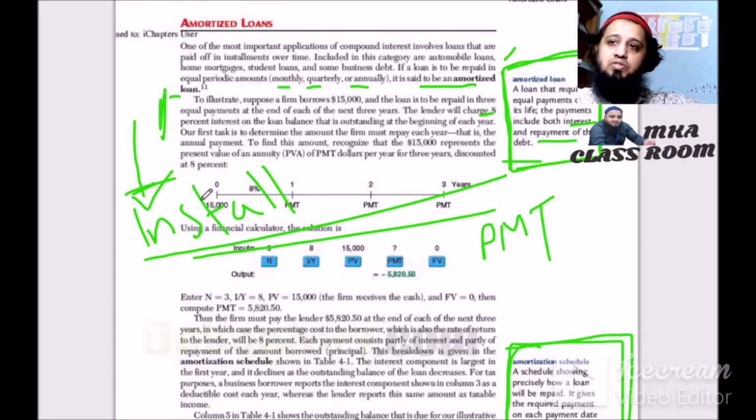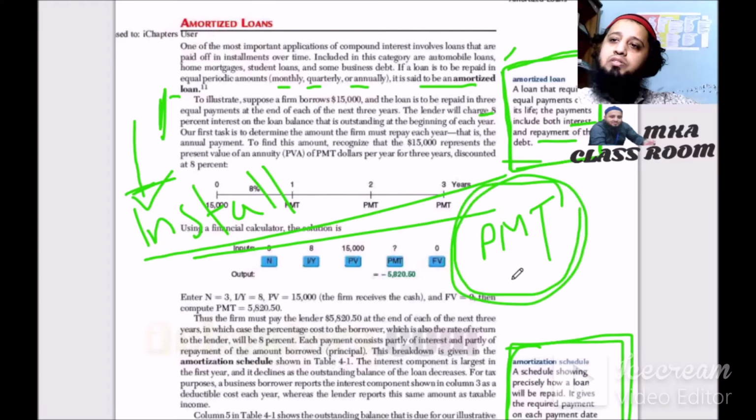So how much will you have to pay to pay off your whole debt by 3 equal payments? That means you have to at first determine your payment, PMT.